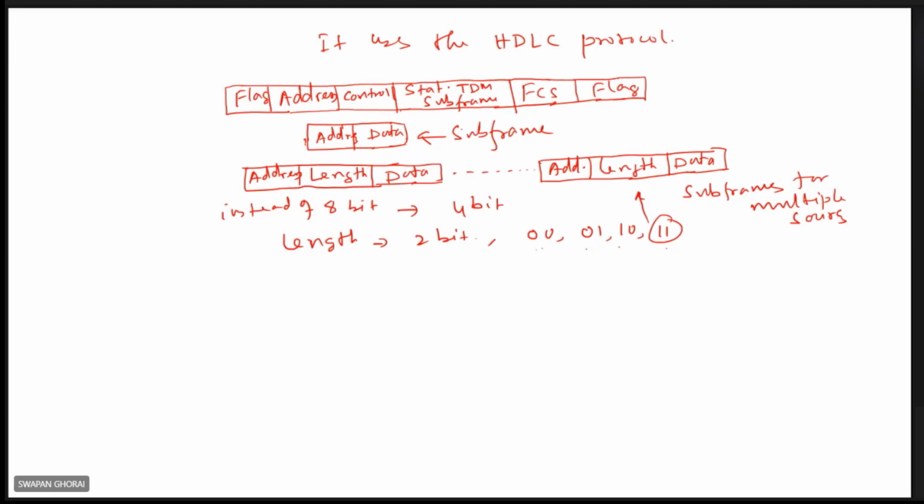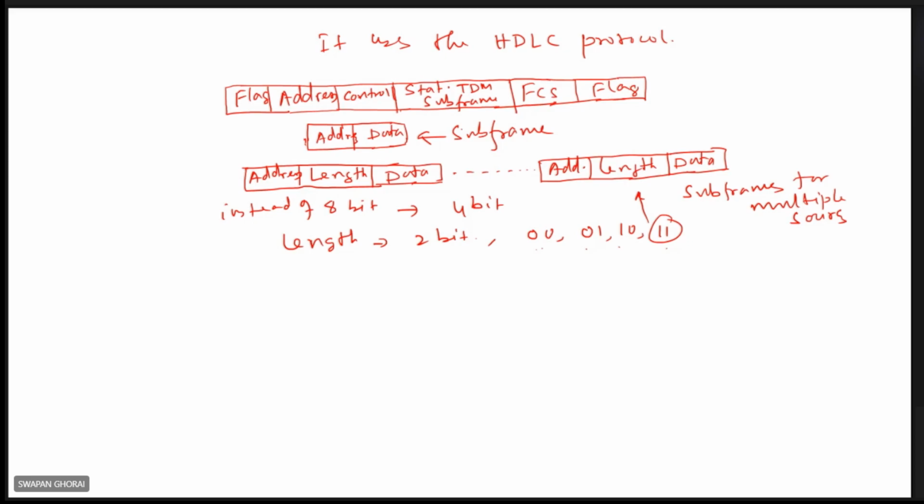So in that case, again, an extra length subfield will be added. Also, the address can be reduced from 8 bits to 4 bits, and the length field can be 2 bits to indicate 1 byte, 2 bytes, 3 bytes, and if it is 1 1, that indicates the length field is included. So this is the most important multiplexing technique.